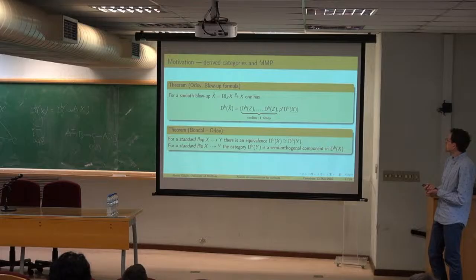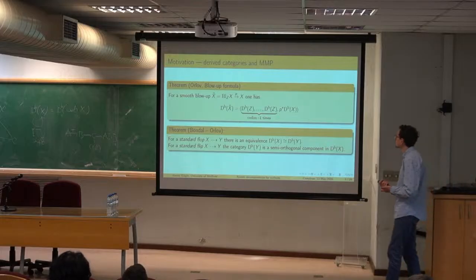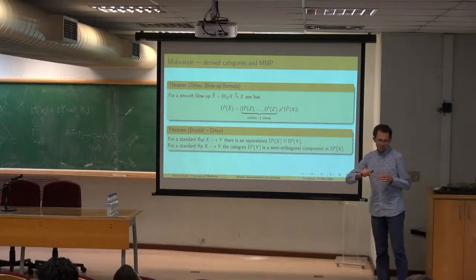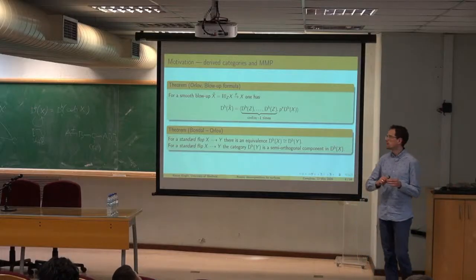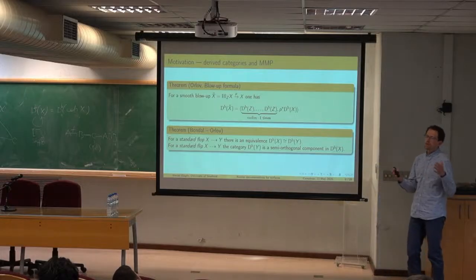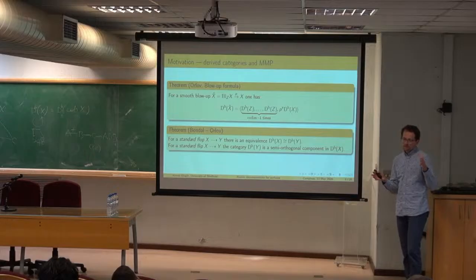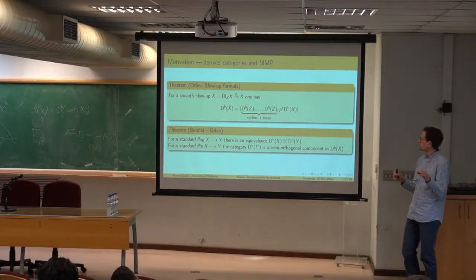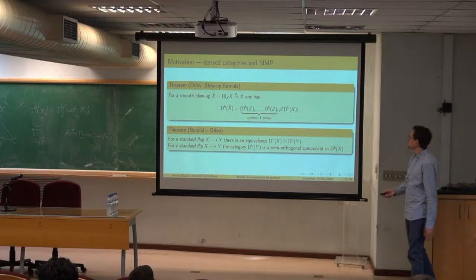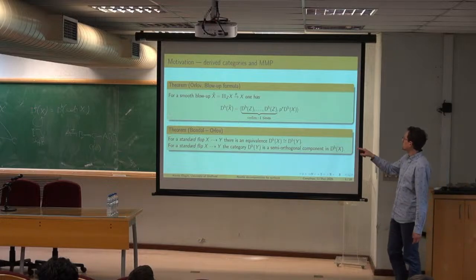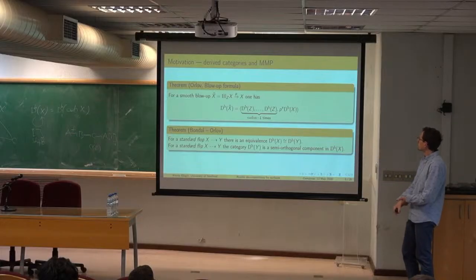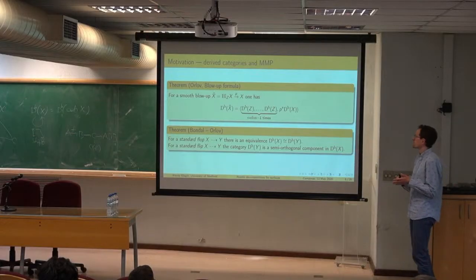A standard flip takes a subvariety which is isomorphic to some projective space P^k, blows it up and replaces it with another projective subvariety of possibly different dimension. Let me assume that it replaces P^k with P^l, where k is greater than l. And if k equals l, then this is called a flop.